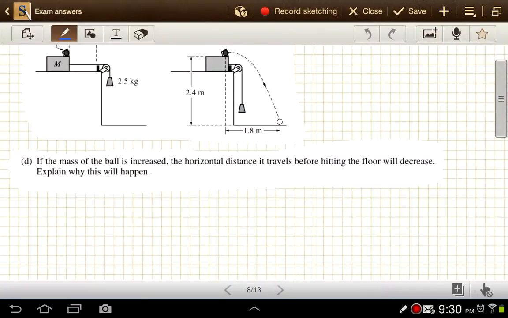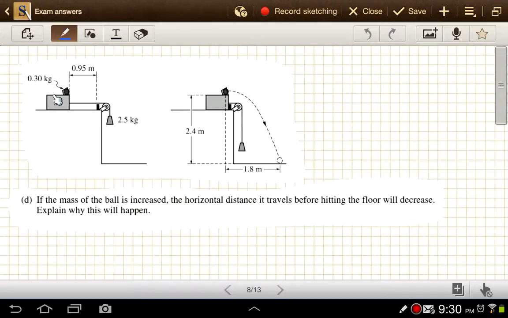So here, our acceleration as the block is moving over in this direction has to decrease, which means that as it moves this fixed distance, it's not going to reach as fast of an initial velocity. So here, the initial velocity is going to decrease. And since that velocity has nothing to do with how much time it takes to fall, it's only the fact that it starts with an initial velocity in the y direction of 0 that makes it take 0.7 seconds to fall.